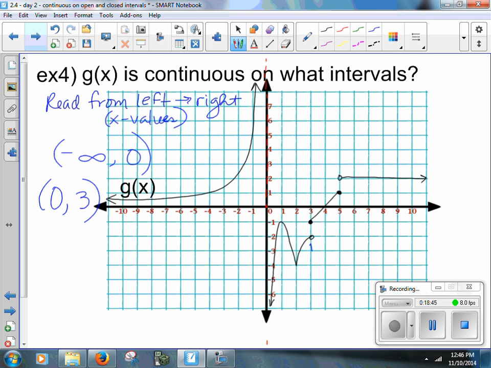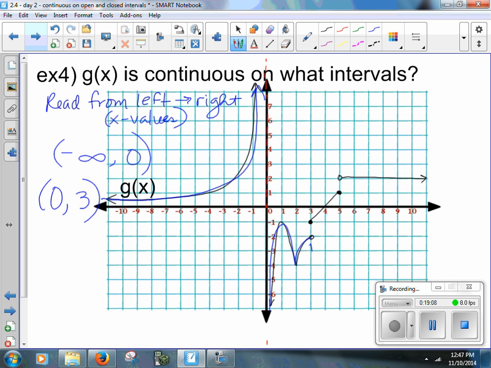Where is it continuous? It's continuous from negative infinity to 0, right here. No holes, no gaps, no asymptotes. Here to here. From 0, but when it stops right there, wouldn't that be a closed bracket?